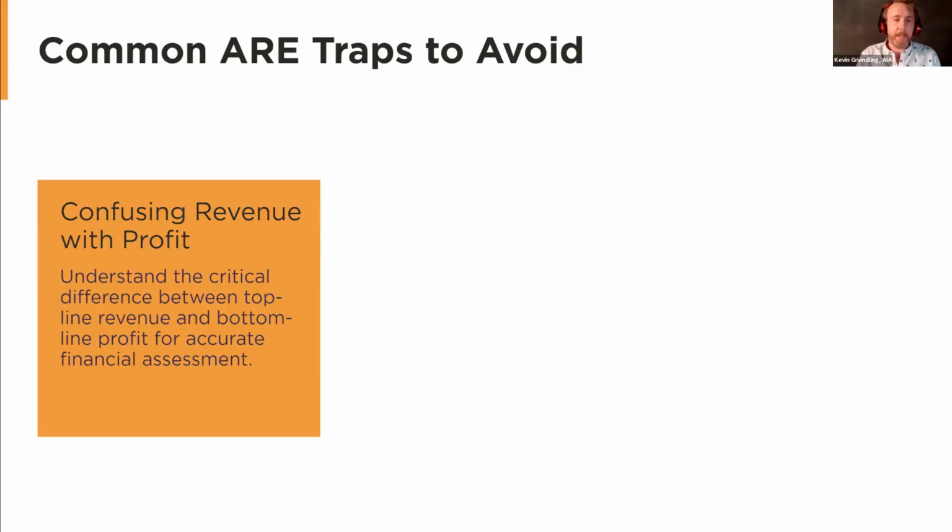One of the things to be careful of is confusing revenue with profit. If you spend more time with financial management terminology and key performance indicators, you'll begin to understand more intuitively the differences between the stages of analysis. There's the investment, what we pay our people. There's what we charge for our services. There's what we pay to support the firm. Those are all the things we were talking about throughout this presentation.